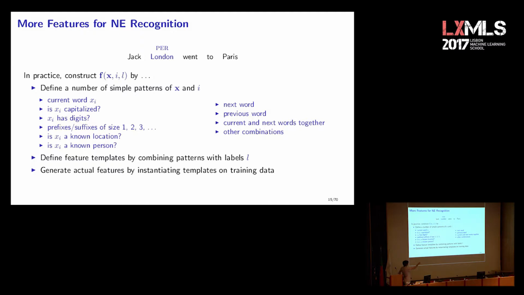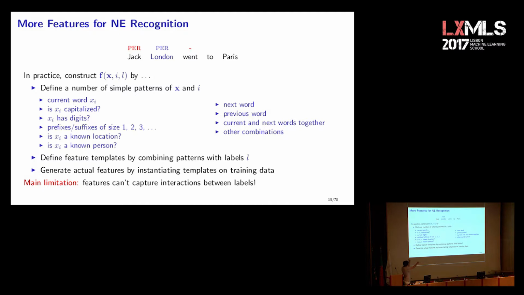So the fact that London is a person is because it's following Jack. So we might capture that this is a person and not a location because we are capturing the previous word. We can say if the previous word is a first name, that might be a person.